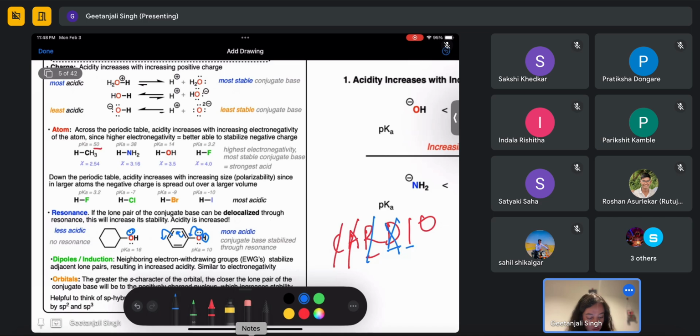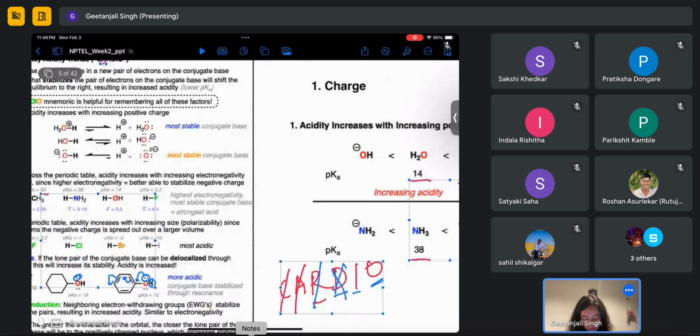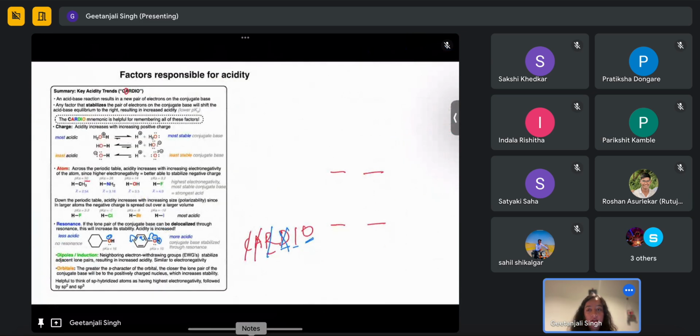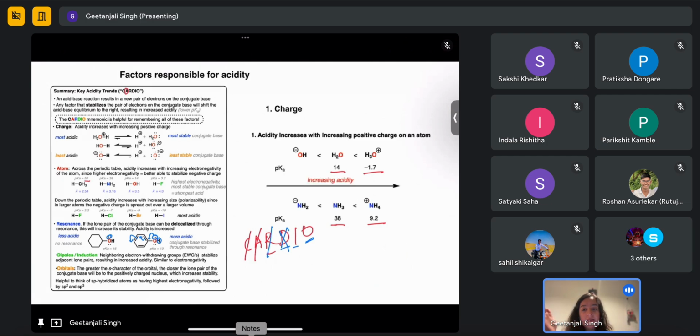And finally, O. This O here stands for orbital. Let me remove this. Now, O for orbitals. Let's talk about hybridization. There are different types of hybridization: SP, SP2, SP3.